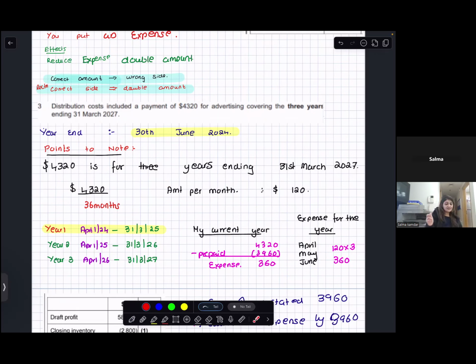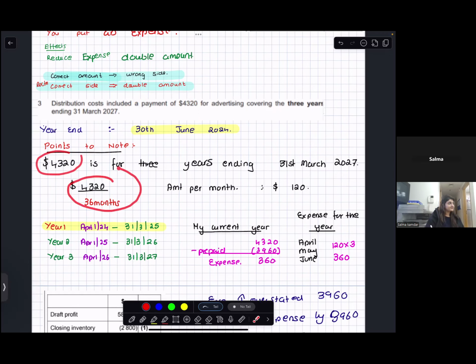So I see my year end is 30th June 2024, and I have made this payment up to the 31st of March 2027. This 4320 is for 36 months. That means the expense per month is $120. I hope you're with me.